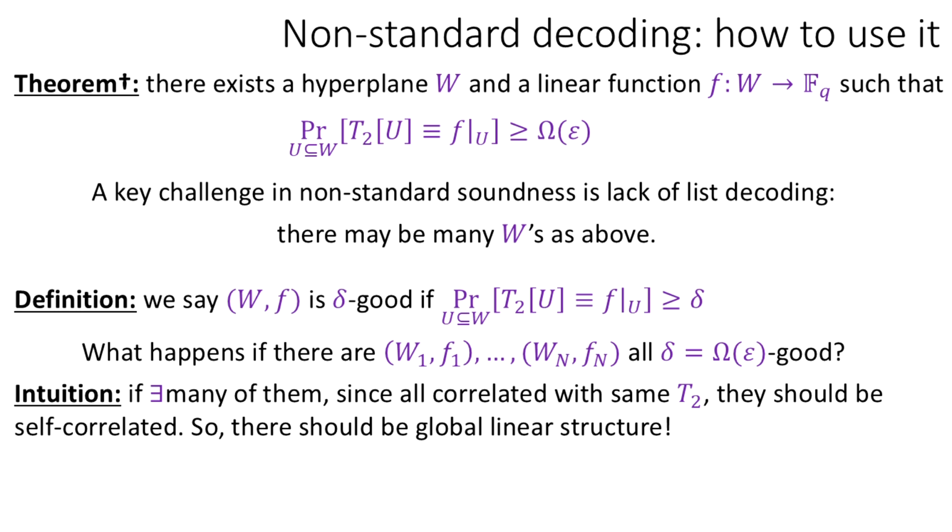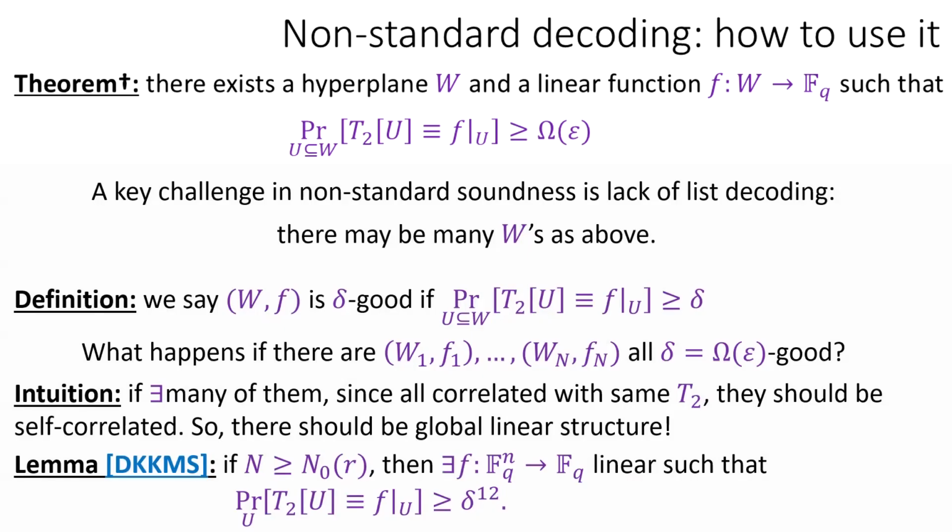So if you have many things that self-correlate, you should be able to sort of glue them together to go even higher. So this is a lemma from a different context, from the context of two-to-two games, where we prove that if you have enough of these pairs, then you can actually find a function on the whole space that agrees with T2. But now the agreement is slightly worse.